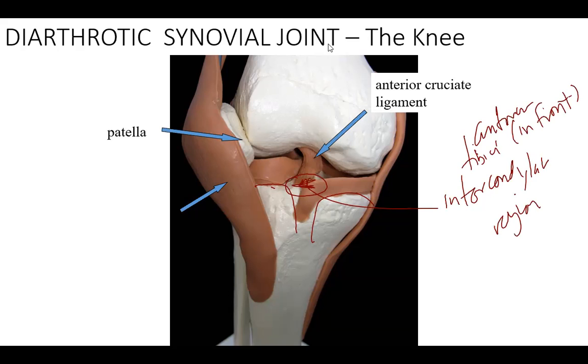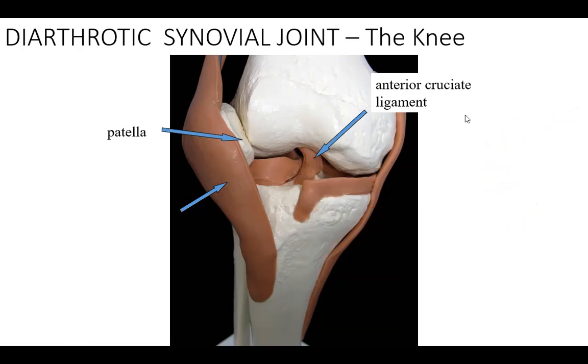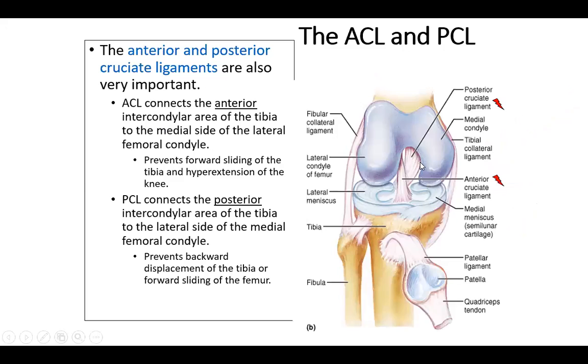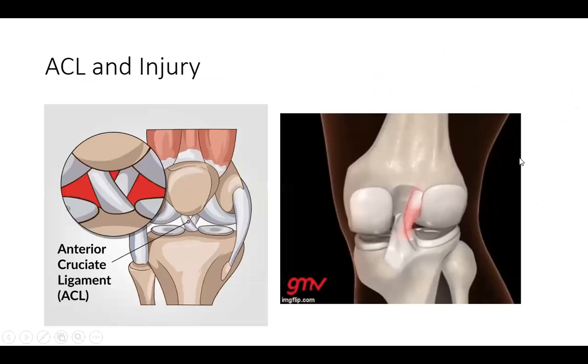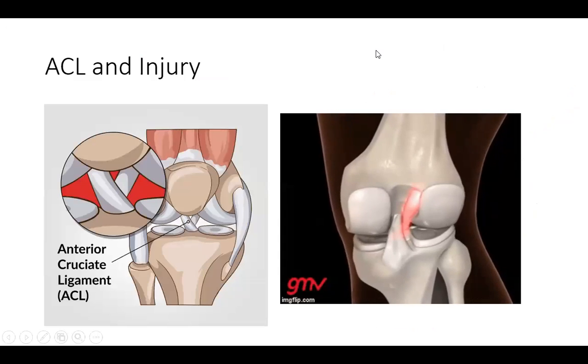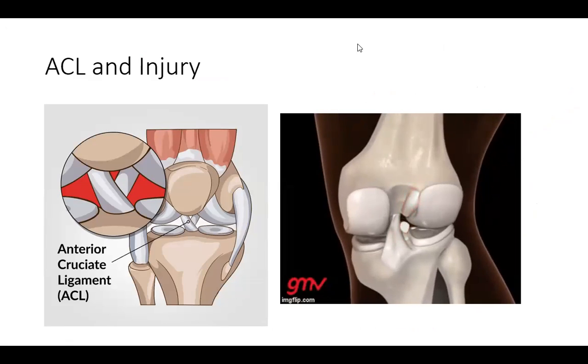Now in the back, it's going to connect on the medial surface of the lateral condyle. So what does that mean? Well, if we're looking at this, this is a posterior view of the knee.